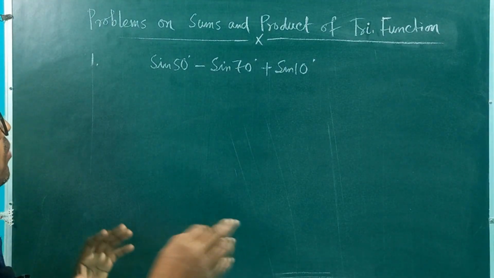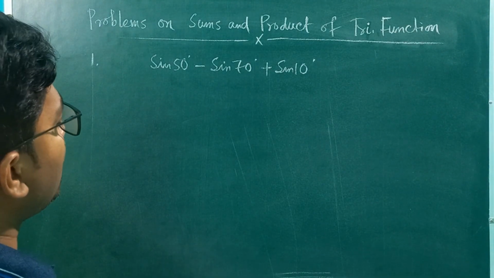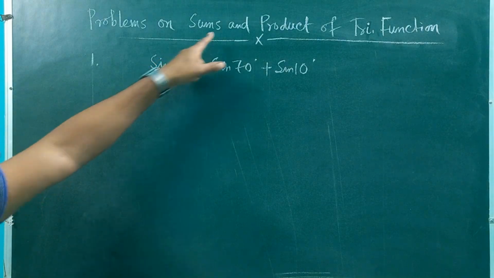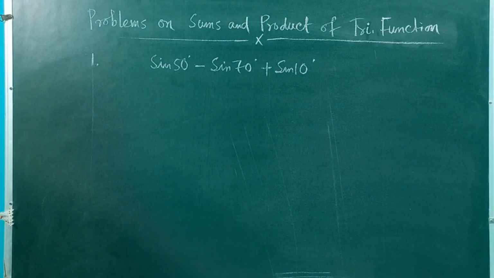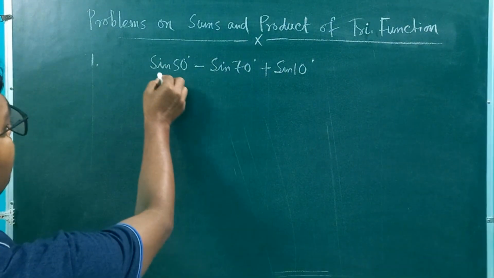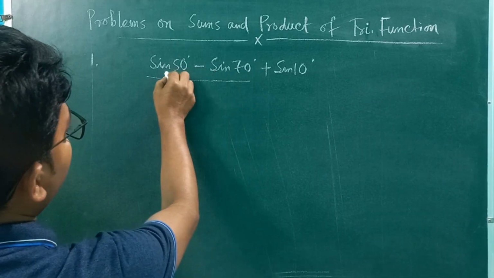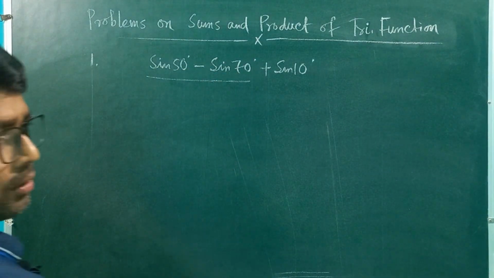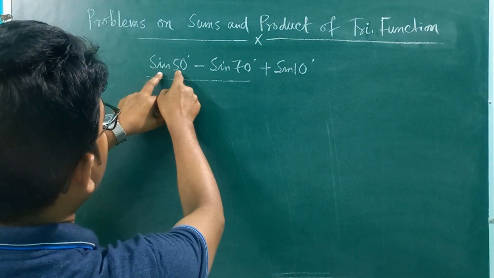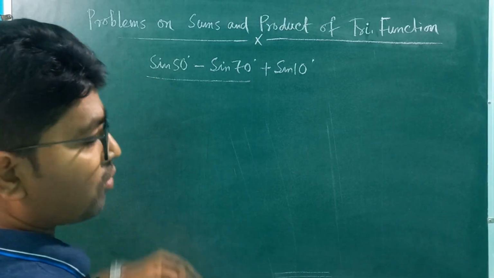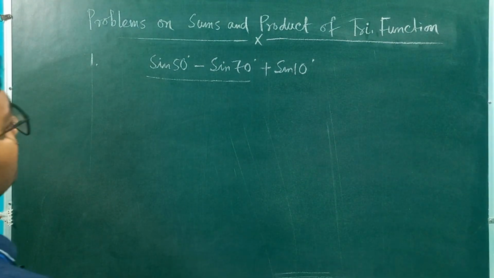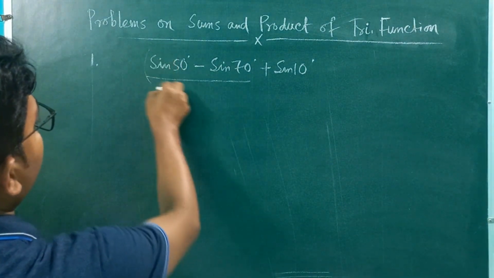Now see how we can approach the problem and how we apply the rules of this chapter. I can take these two terms as sin c minus sin d. If you want to choose this one as sin c minus sin d, then also it will be okay. But I will take this one as sin c minus sin d.